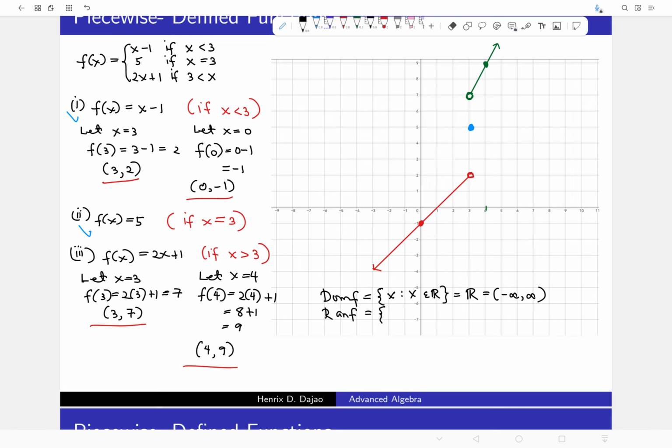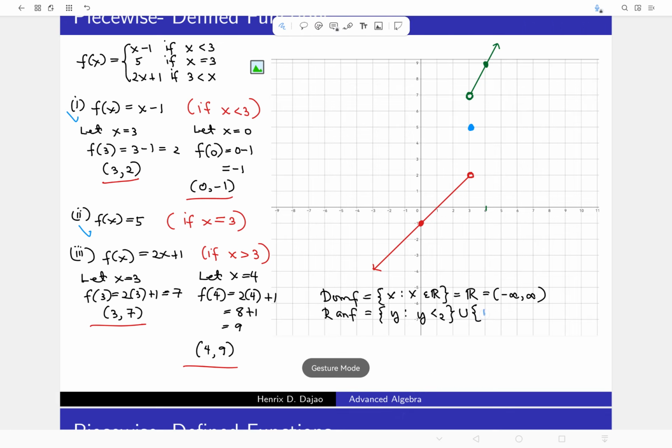So first, all those y's, or those numbers that are less than 2, so this one right here, not including 2, that's why there's no equal sign in there. And then we're going to union it with a set that only includes 5.